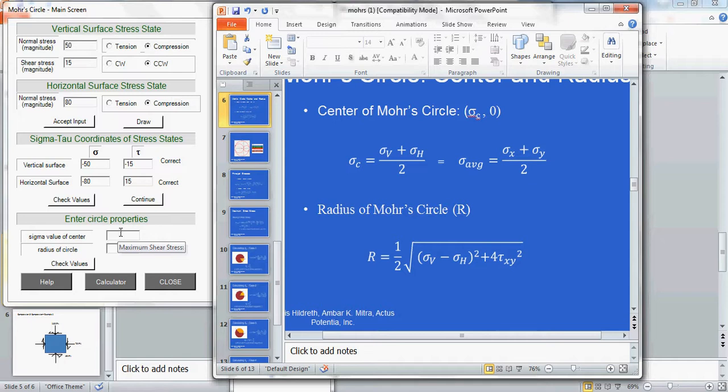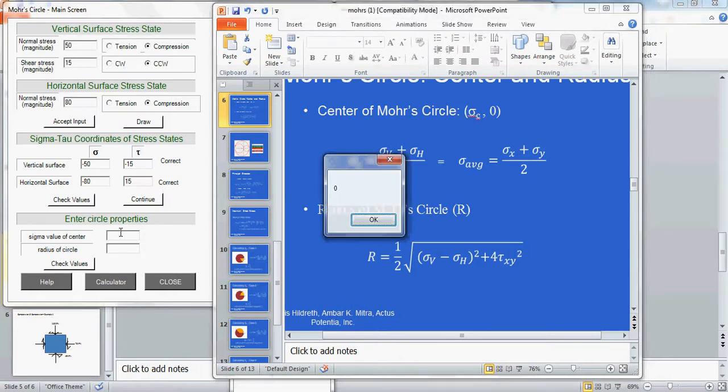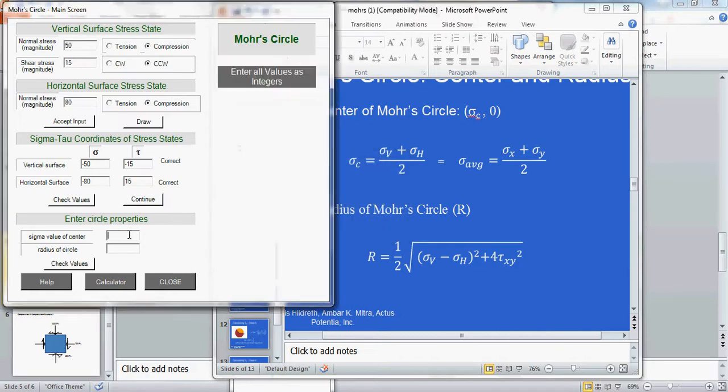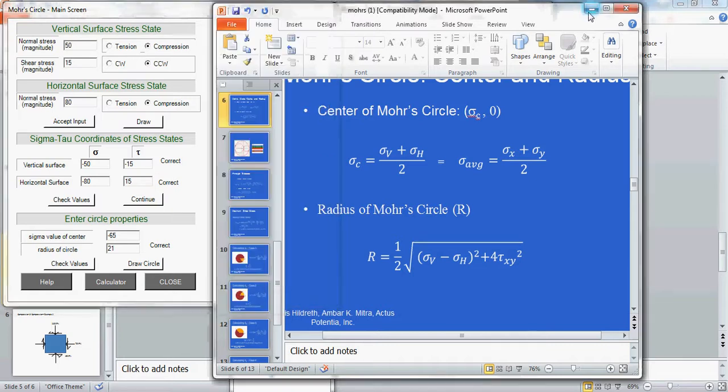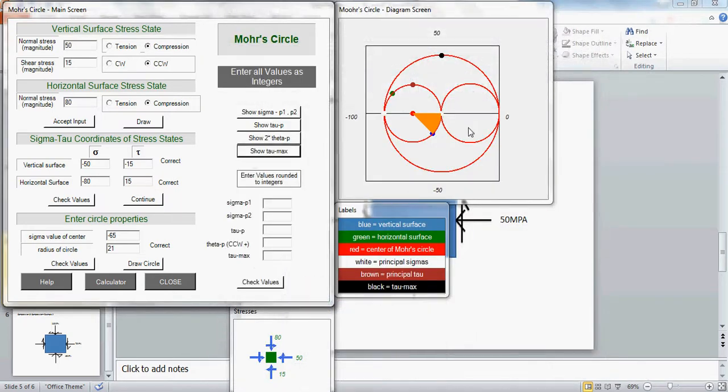These values should come out to be negative 65 for the center with a radius of 21. Okay, so here you go.